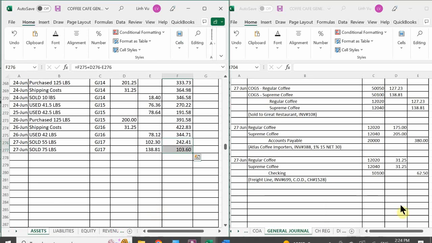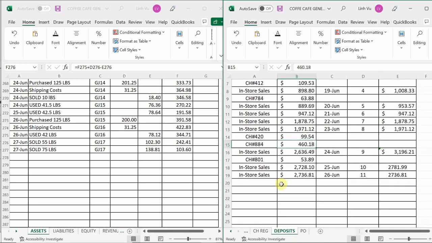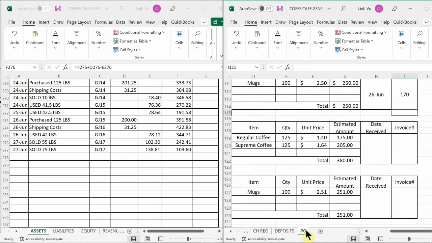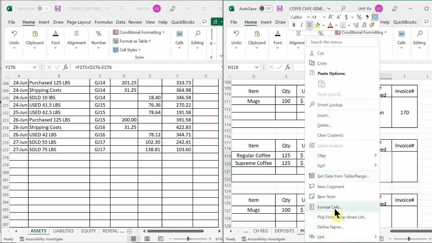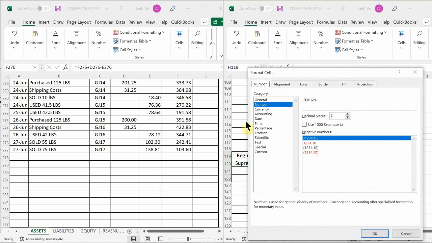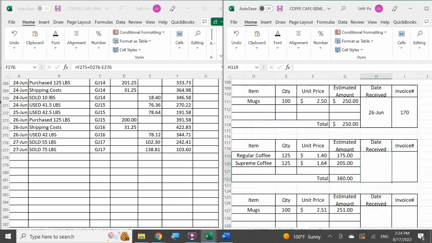Okay. Before I do that, I'm going to go to my purchase orders to ensure that I received the coffee for the 180. Okay, so 627, invoice number 388.